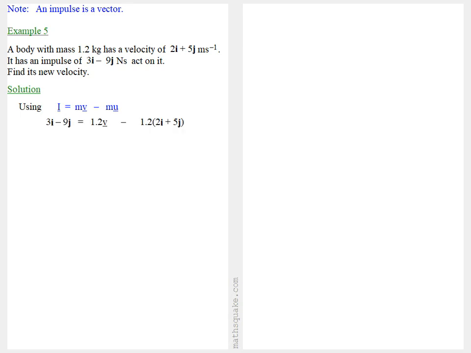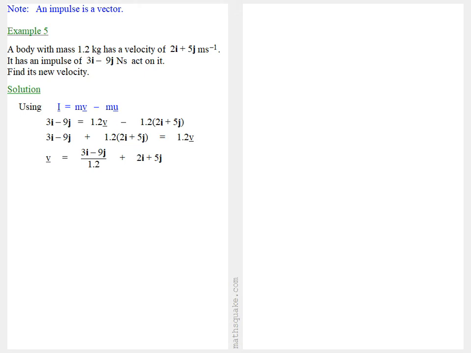Now the impulse is 3i minus 9j. We can let the final velocity be v, so mv is 1.2v, and we know the initial velocity is 2i plus 5j, so minus 1.2 times 2i plus 5j. Now we can rearrange that as 3i minus 9j plus 1.2 times 2i plus 5j is equal to 1.2v.